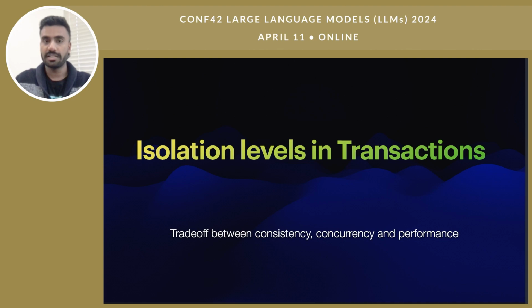When you are purchasing something on an e-commerce platform, you are making a payment, and for that you need to update a database record. That means you're writing something in the database in the backend. Or when you're viewing something on the platform, that means you are reading the data. So it's just read or write.